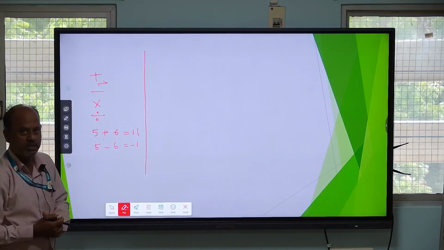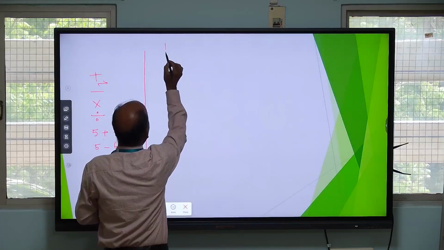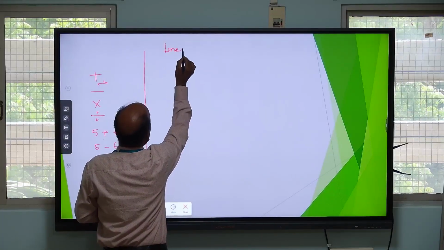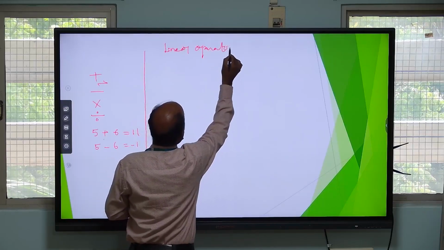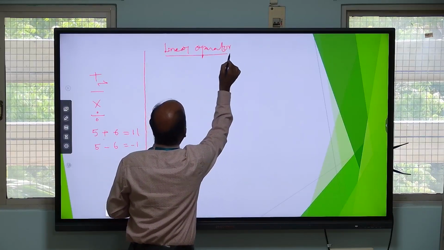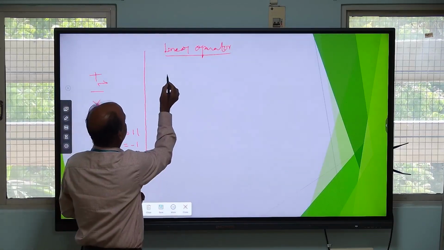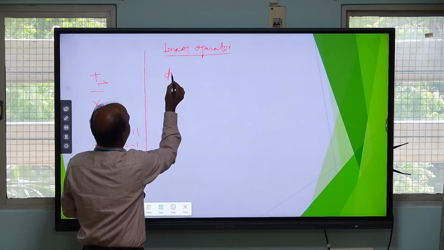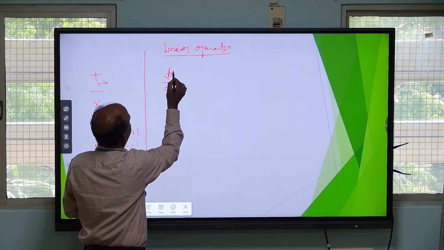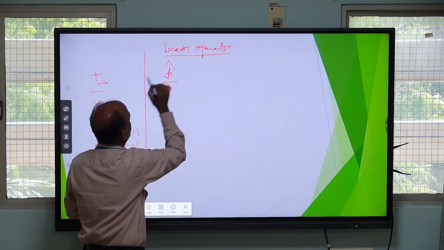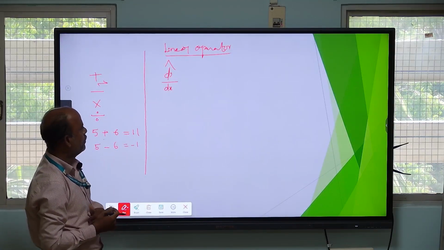Another importance of the operator: some of the operators are considered as linear operators. For example, you take the operator d by dx. This is an example of a linear operator. Why?